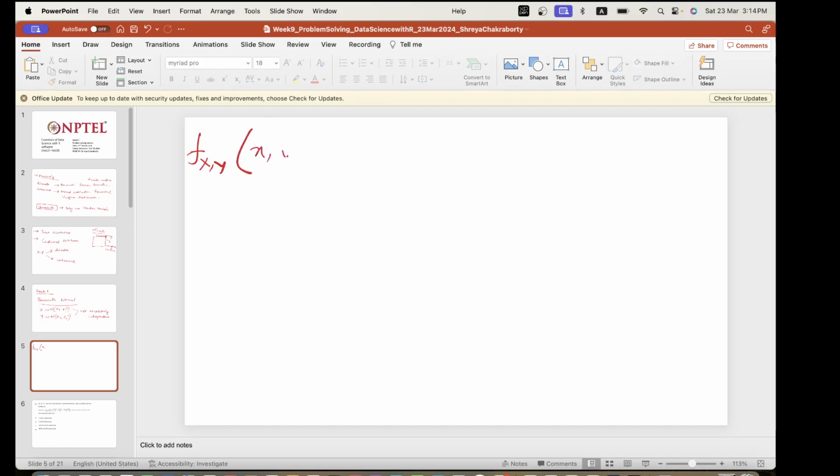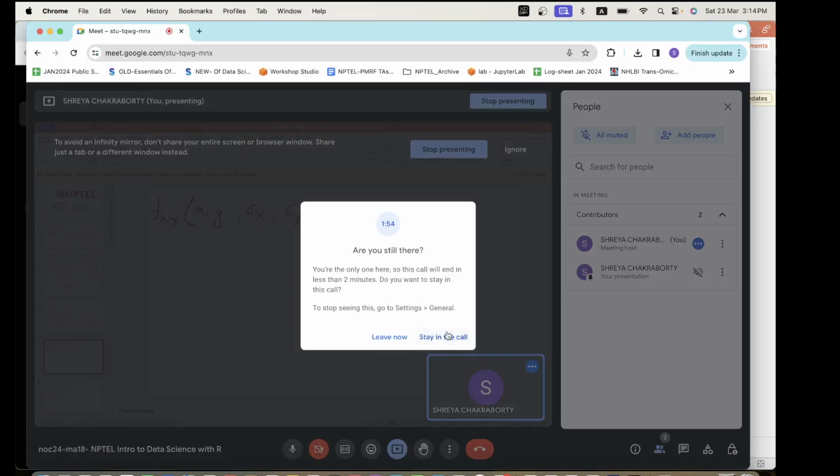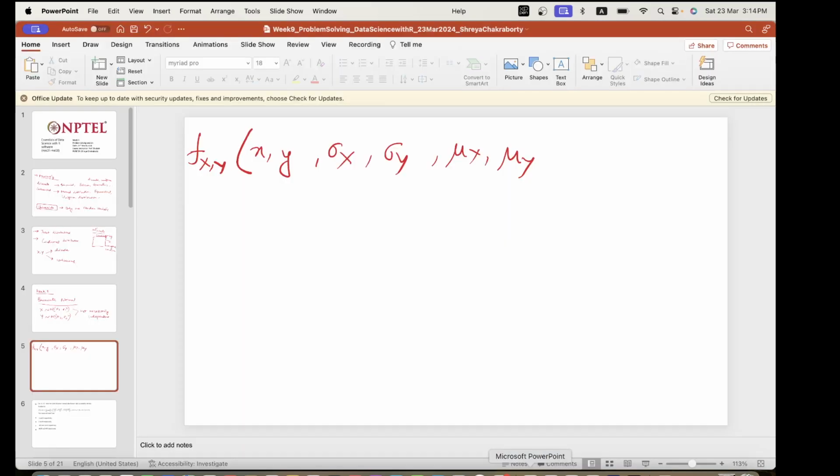The PDF of x and y has the parameters sigma x, the standard deviation of the random variable x, sigma y, the standard deviation of the random variable y, mu x, the mean of the random variable x, mu y, the mean of the random variable y, and the correlation coefficient rho.